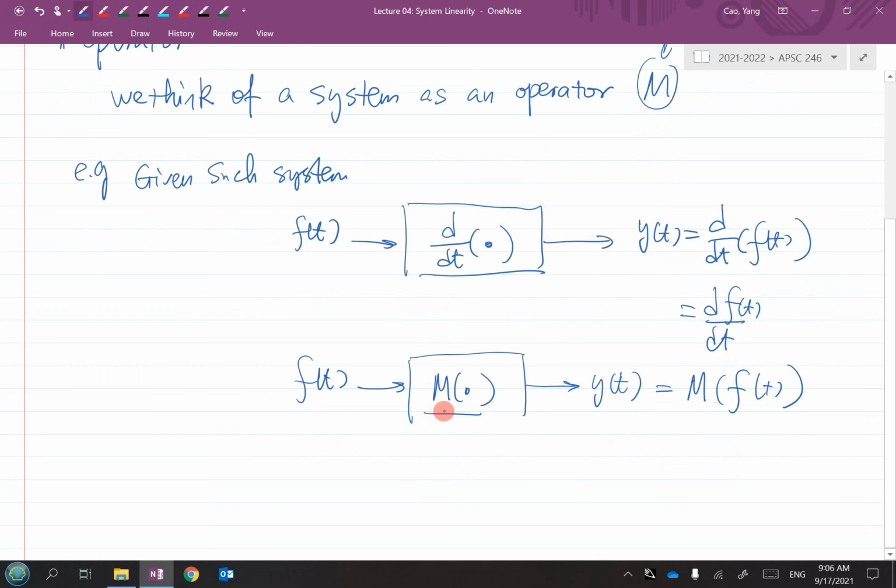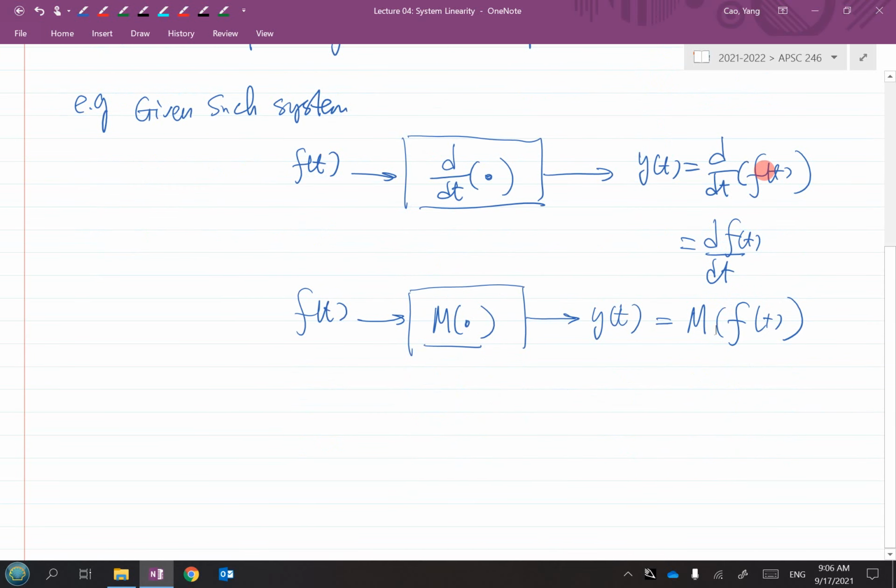You're using a simple symbol to represent maybe a much more complicated operation on the input, based on the system. Good? Good. So if you understand this, I'll give you a few more examples. You probably don't know them yet, but during this term you're going to learn quite a few different operators. I'll just show you what you're going to learn.